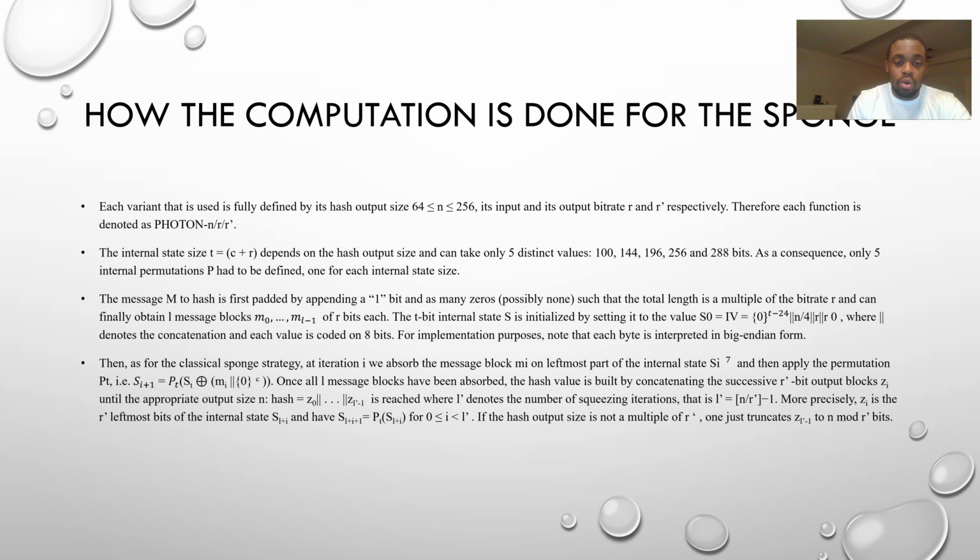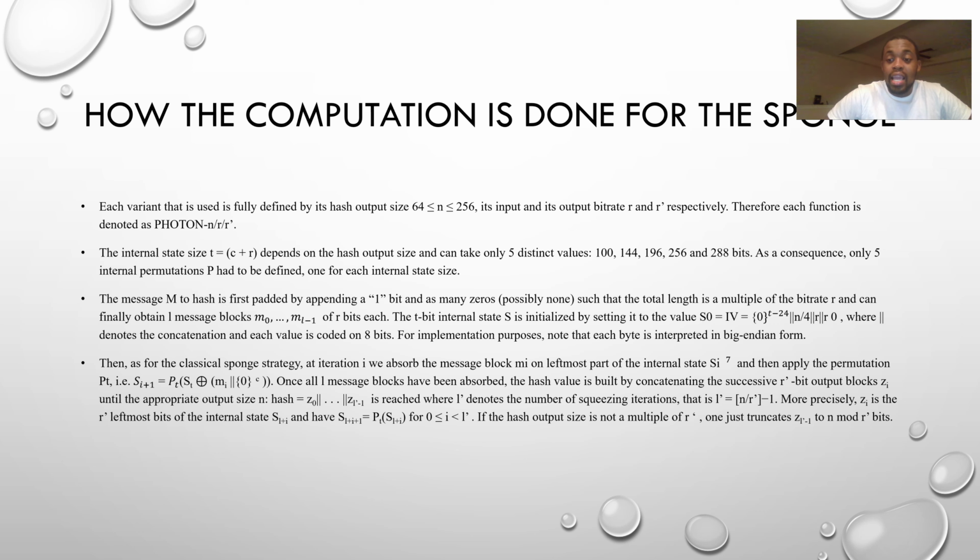Once all the message blocks have been absorbed, the hash value is built by concatenating the successive r prime-bit output blocks z_i up to the appropriate output size, and hash equals z_0 concatenated up to z_(l'-1) is reached, where l' denotes the number of squeezing iterations, that is, l' equals n divided by r prime minus 1.